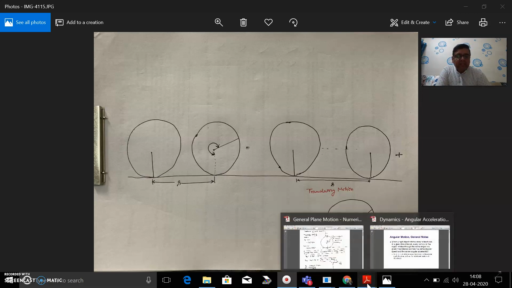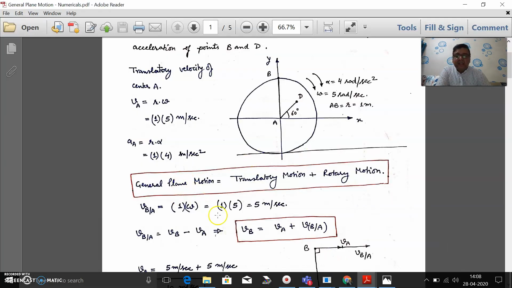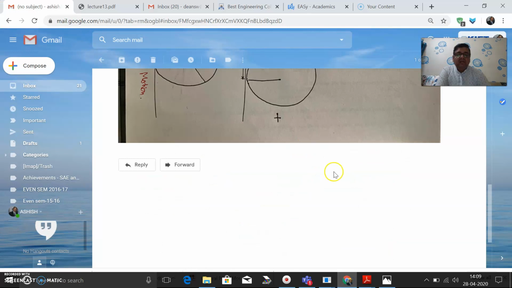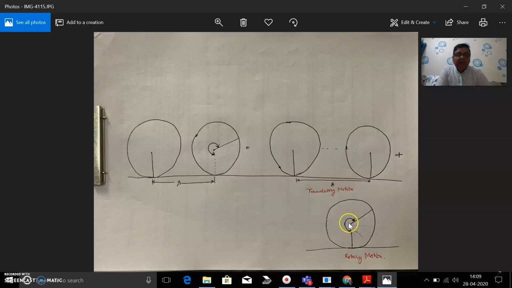The same concept applies here: velocity of B is equal to translatory motion, because whatever straightforward distance A goes, B goes the same, so that component is taken care of by VA, plus velocity of B with respect to A. That velocity of B with respect to A means if A is stationary, then B will rotate about A only.